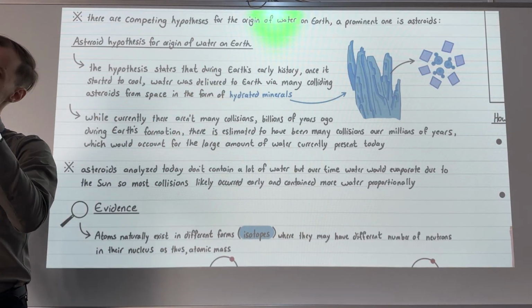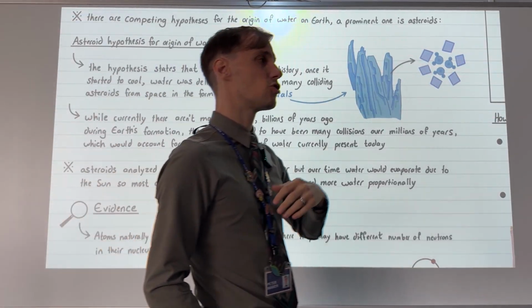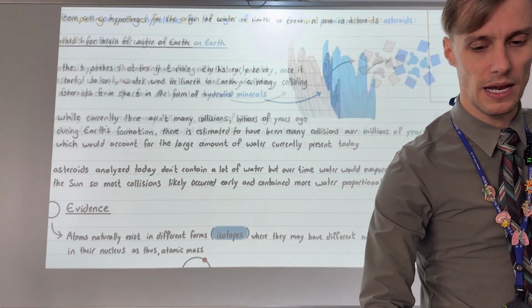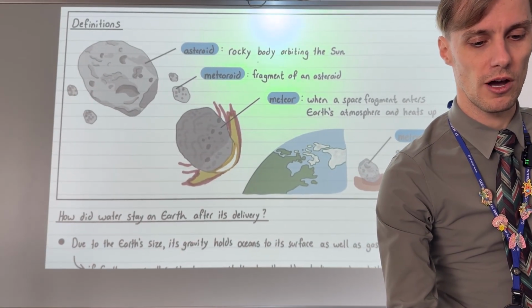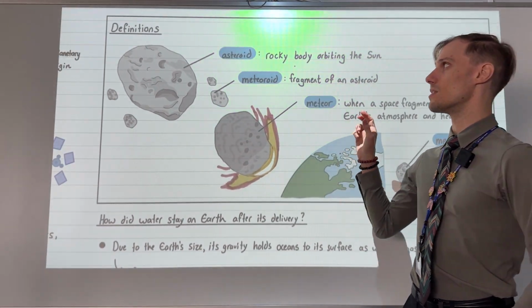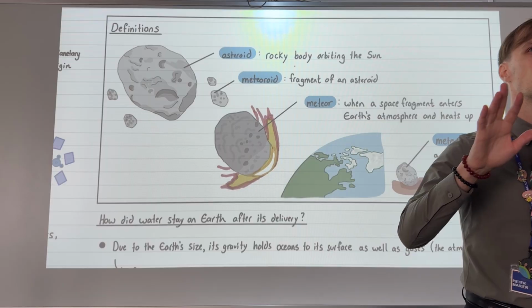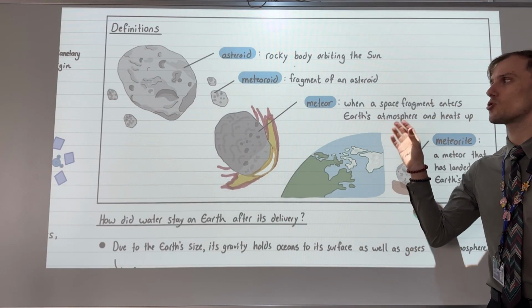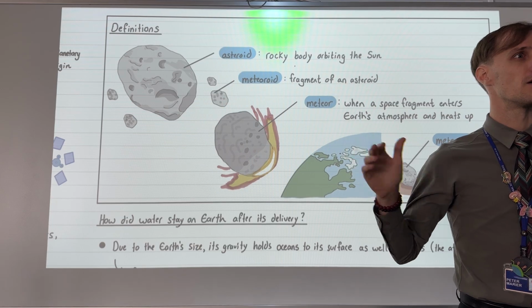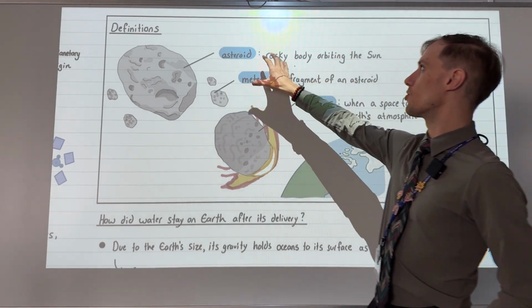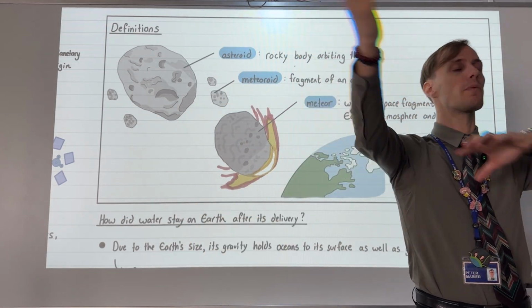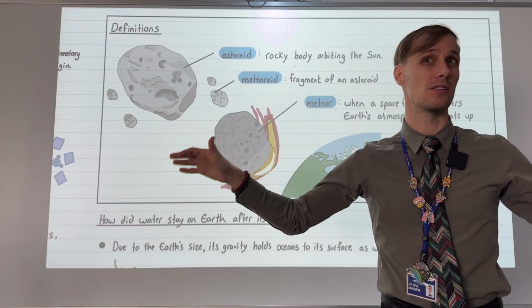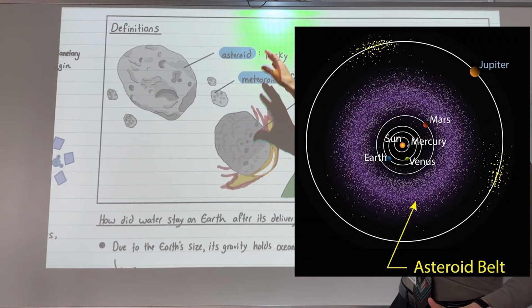So before I go into this a little bit, this is not super important for this topic, but I thought it would be worth going over a few definitions because these terms get confused or used interchangeably all the time, and I just wanted to do a quick recap here. If there's a huge rock body orbiting the sun, and there's thousands of these in our solar system, we call those asteroids.